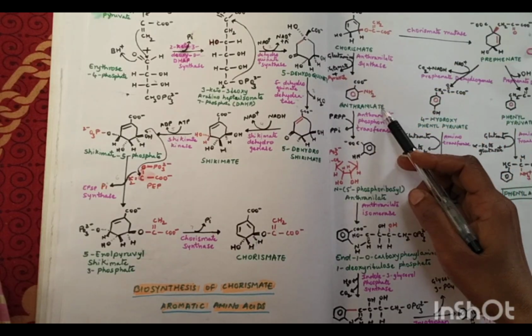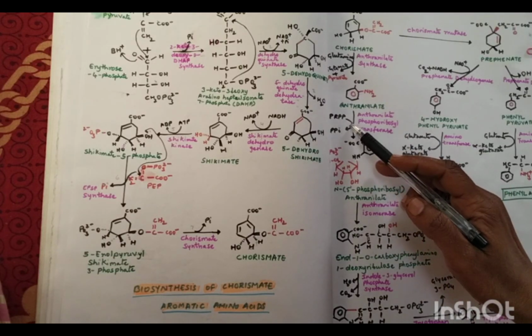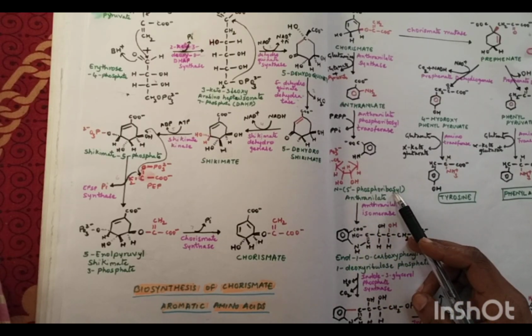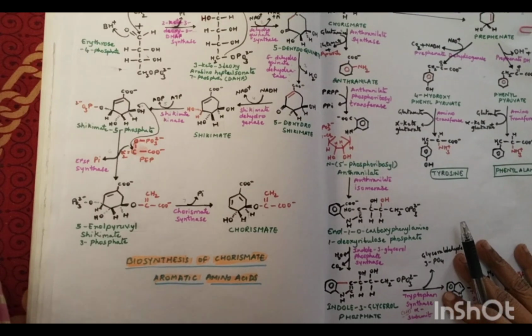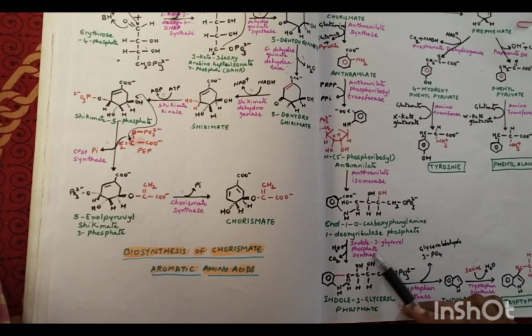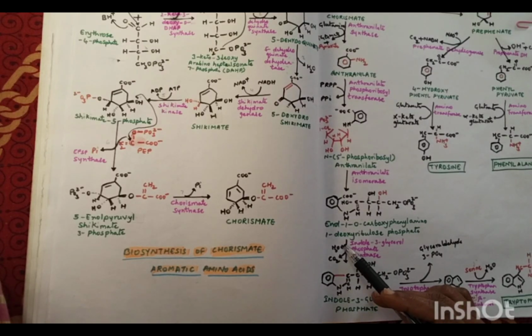Anthranilate in the presence of anthranilate phosphoribosyl transferase takes in PRPP and releases PPi, thereby forming N-5'-phosphoribosyl anthranilate. N-5'-phosphoribosyl anthranilate in the presence of phosphoribosylanthranilate isomerase forms enol-1-o-carboxyphenylamino-1-deoxyribulose phosphate, which in the presence of indole 3-glycerol phosphate synthase forms indole 3-glycerol phosphate. Here a molecule of water and carbon dioxide are released.